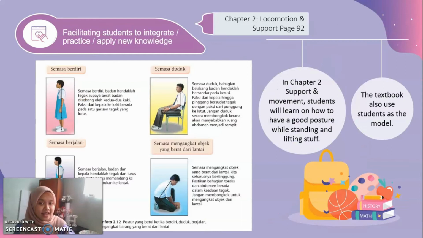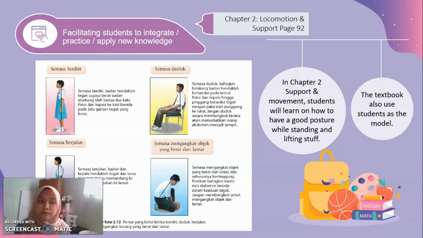And the next key concept goal is facilitating students to integrate, practice, and apply new knowledge. In chapter 2, Locomotion and Support, page 92, the textbook shows a good posture of a human while standing, walking, sitting, and also when lifting things. It's very good knowledge for students to apply in their life.